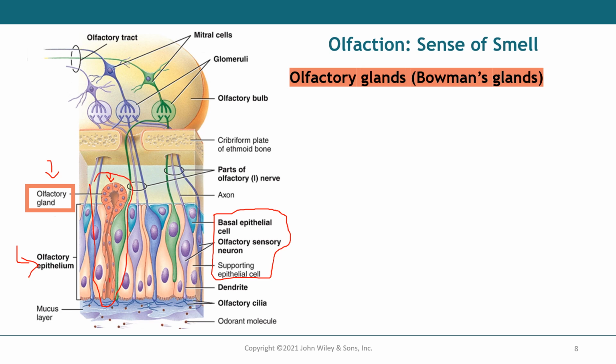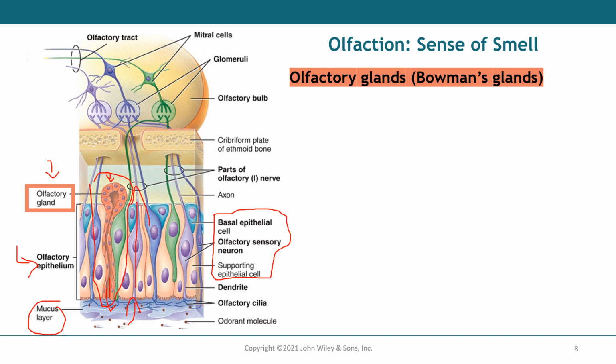Here you see the duct that is secreting this mucus. And this mucus is very important because it is lubricating the epithelium, and it allows the trapping of odors, so they are captured and the receptors are able to send the signals to the olfactory tract. So they facilitate the transportation of odorants to the olfactory receptors.